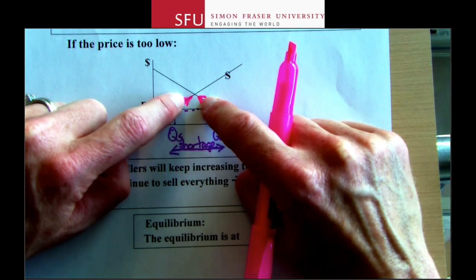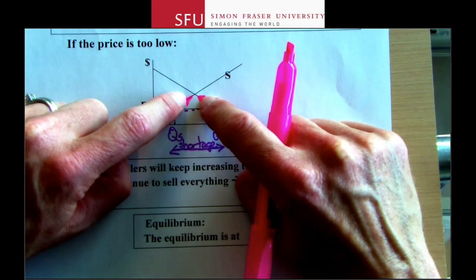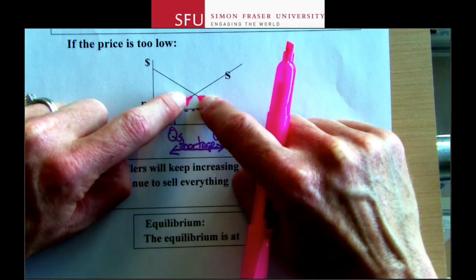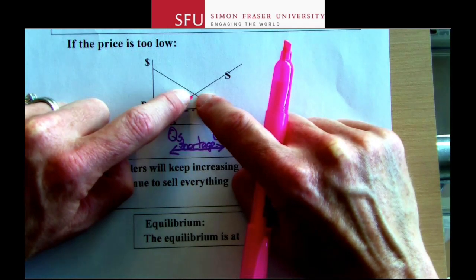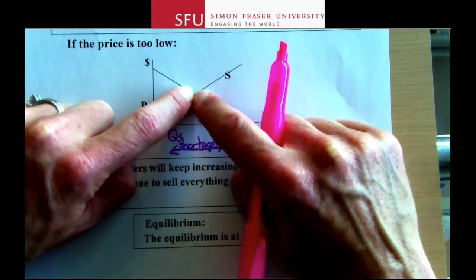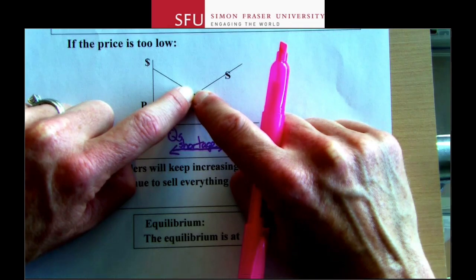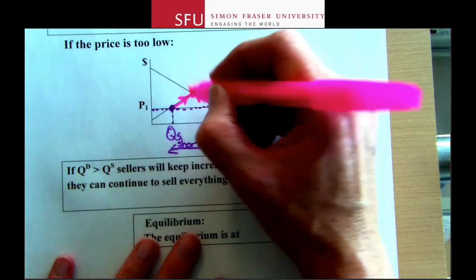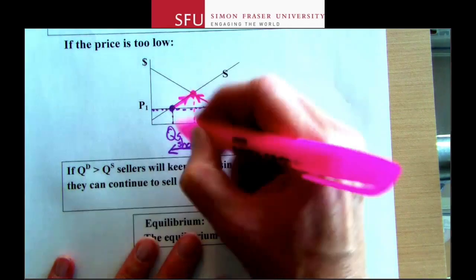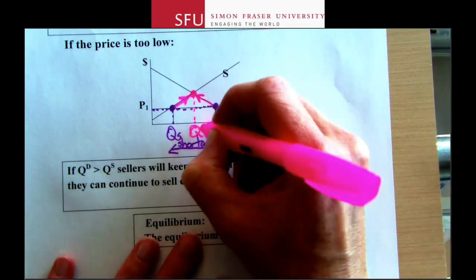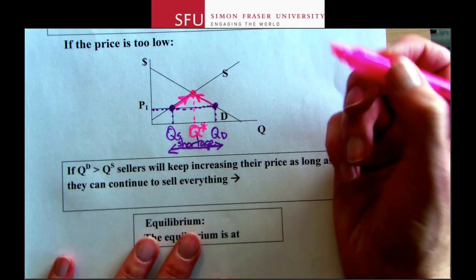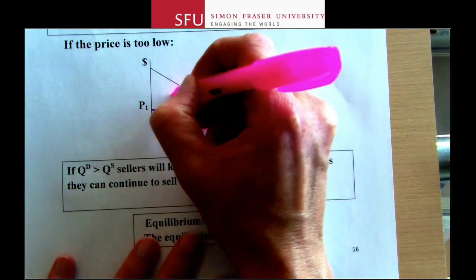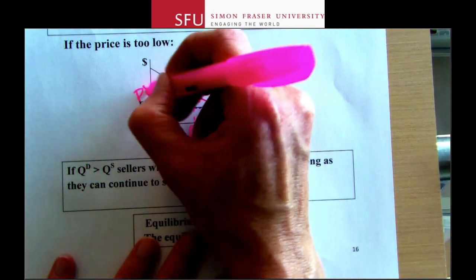As long as there still is a shortage, though, the seller will continue to raise the price until there's no more lineup at the door. No more lineup at the door is the equilibrium. That is when the quantity demanded is the same as the quantity for sale. So there's no more shortage, and the price will be P star, with quantity Q star.